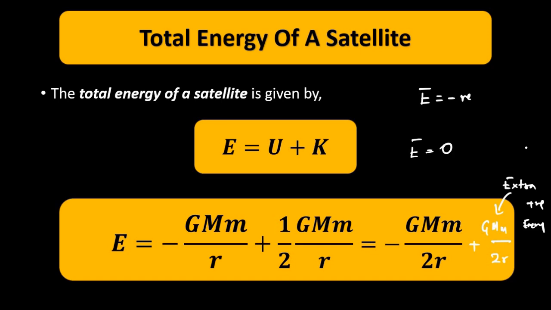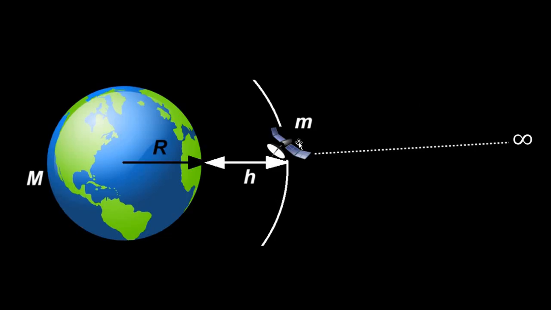It means that if we supply this much extra energy from the outside, the satellite will leave its orbital path and escape to a far away distance, to infinity. So this much extra energy is required to free the satellite from its bondage.